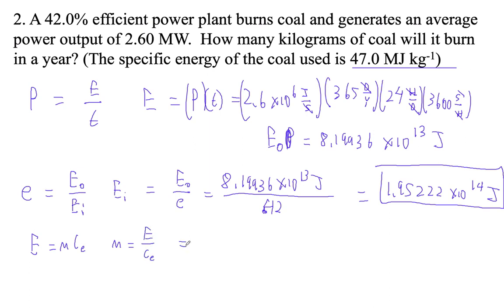So that's going to be 1.95222 times 10 to the 14th divided by the specific energy, which is 47 times 10 to the 6th joules per kilogram. Notice it's megajoules, so that's 10 to the 6th. If we divide joules by joules per kilogram, we end up with kilograms.